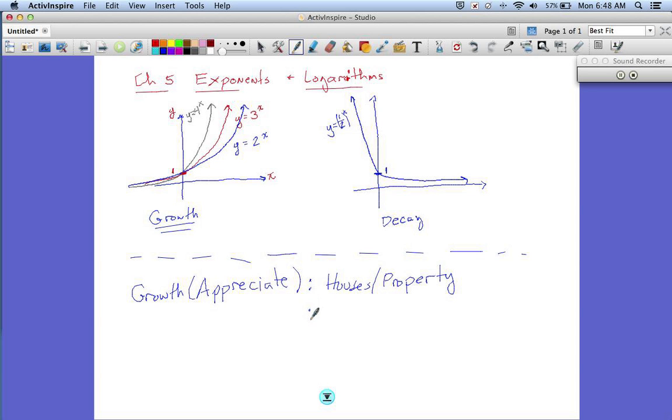Oil and gas, natural resources typically appreciate in value. Again, not an exact science. How about things that decay, things that depreciate in value? Decay or depreciate. So if we're looking at things that lose money over time, there's lots of things.